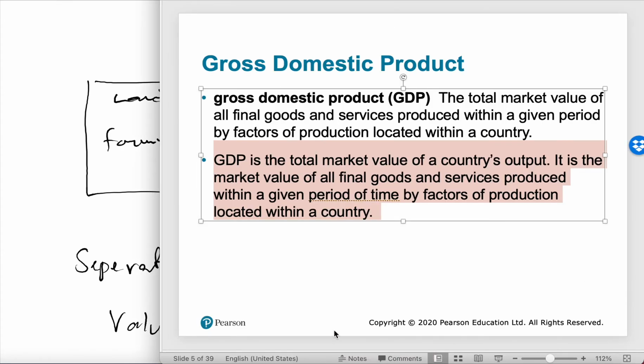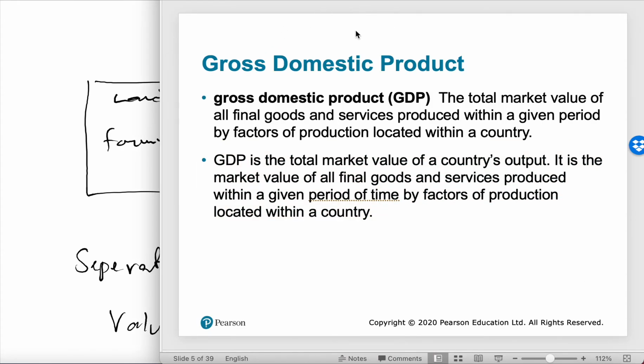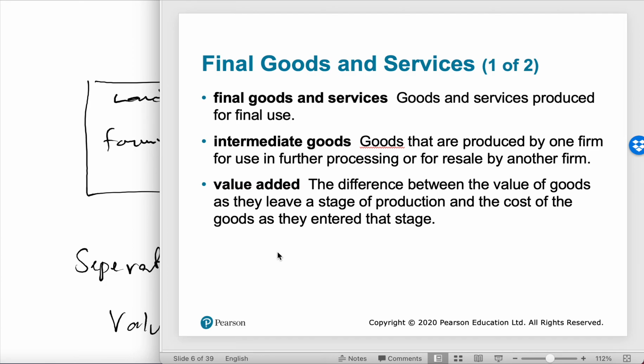I already broke down the definition: market value, final goods and services, within a period of time and within a country. I explained all of them, and I guess now the GDP is easier for you to understand. Final goods and services was the keyword.